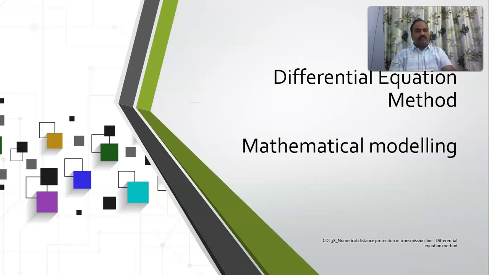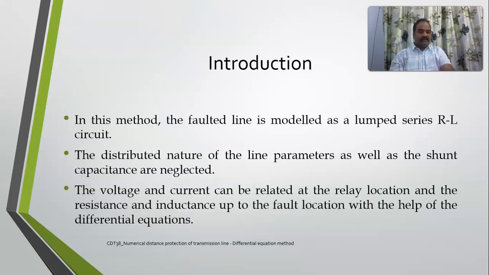It all depends upon what type of assumptions you will be taking. In this particular lecture, I will be considering the transmission line as a lumped series RL circuit. I'll take this as the transmission line. Normally your transmission line will extend over lengths of kilometers.